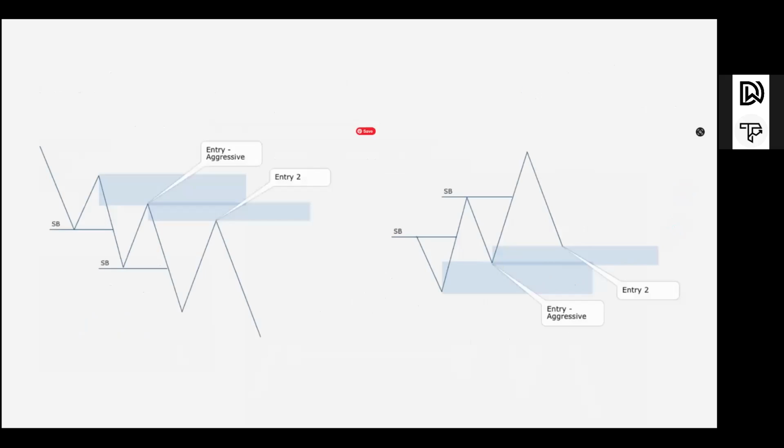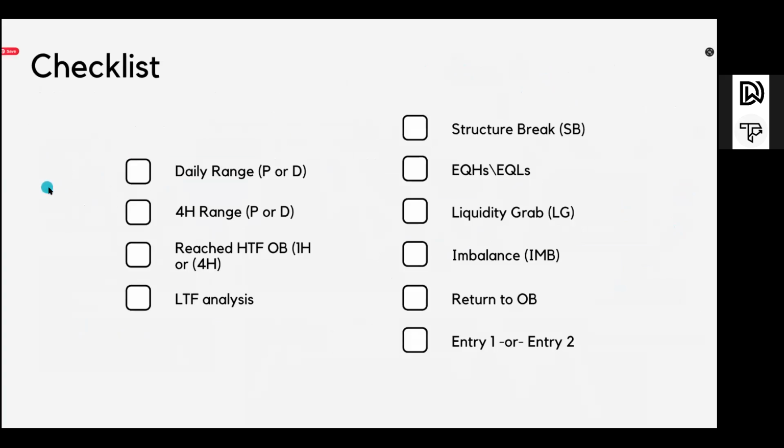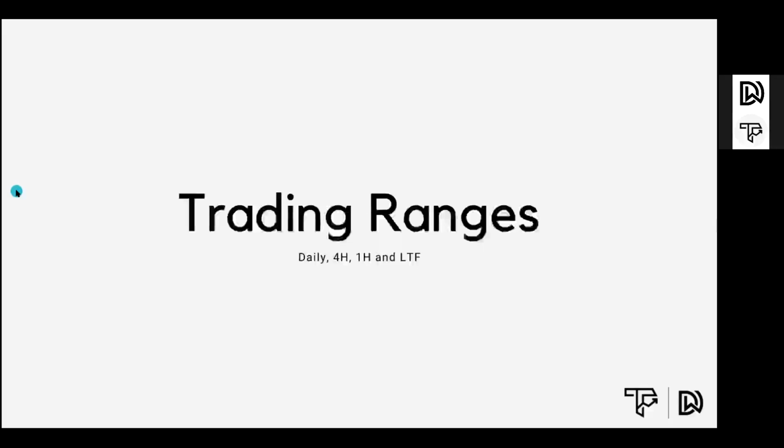So now we are just looking at a basic sketch of structure, and just how we look at it and how we anticipate it. Sorry, I'm now jumping ahead of myself.